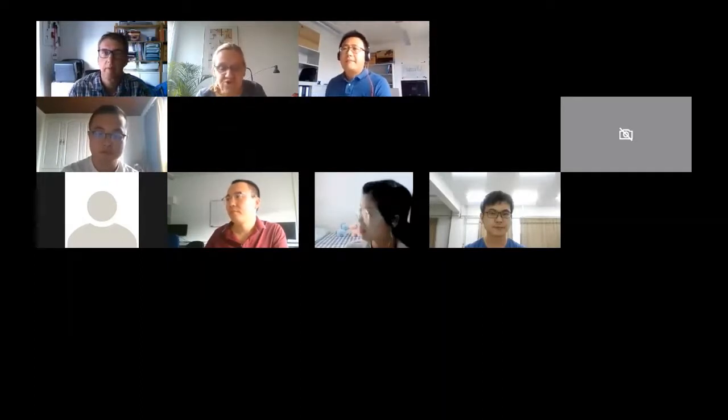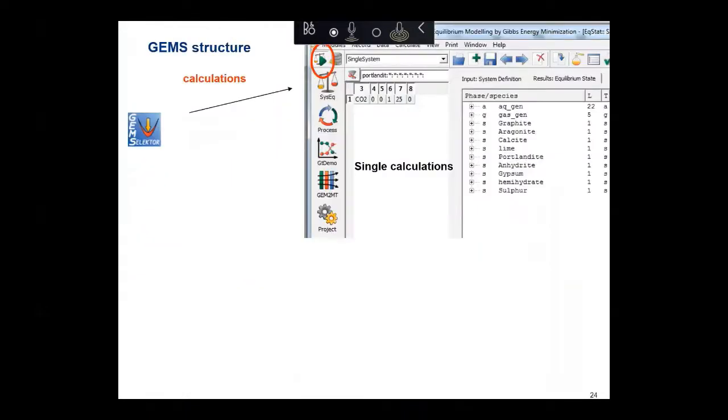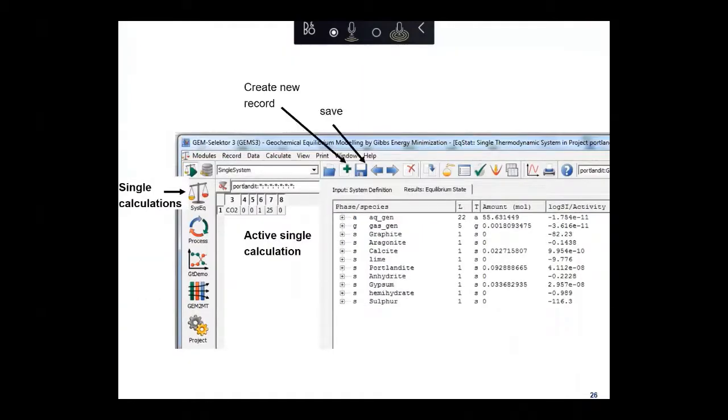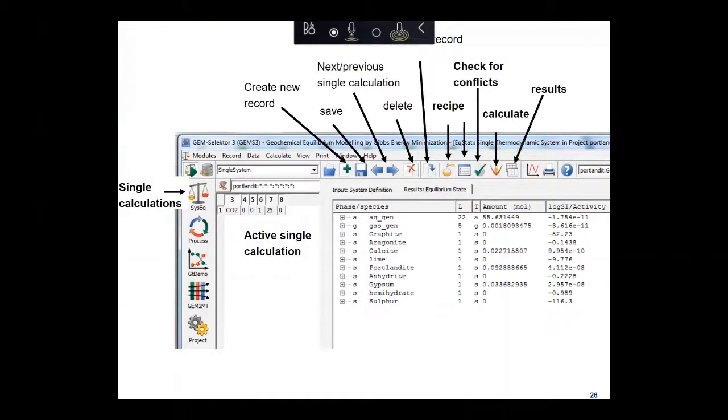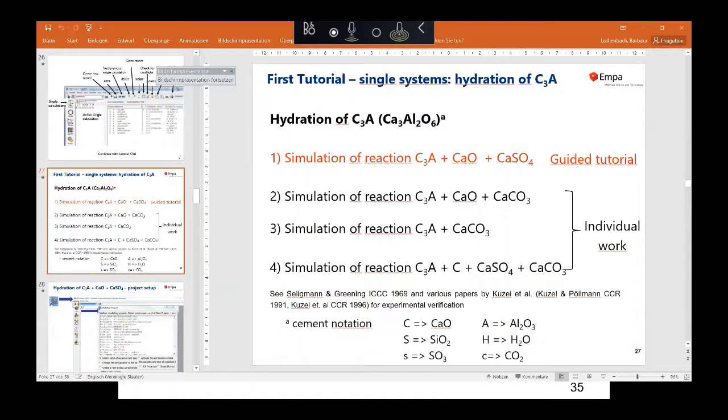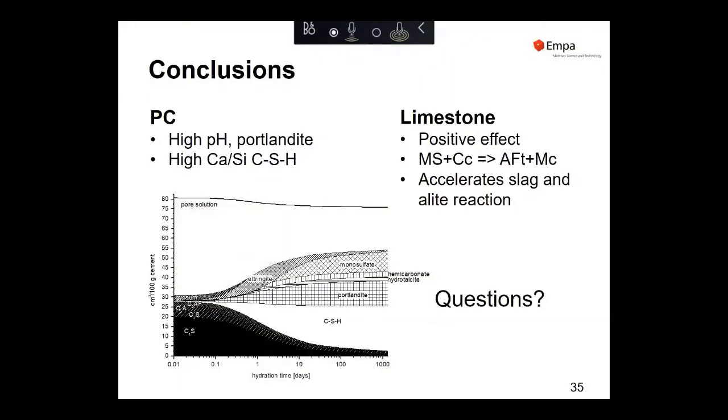I want to open a new project together with all of you and see whether you all manage, because if we do it together, then if there's any problem, we can solve it until tomorrow. I hope that's fine for everybody. So we will now open GEMS, at least if I manage to do it while we speak.